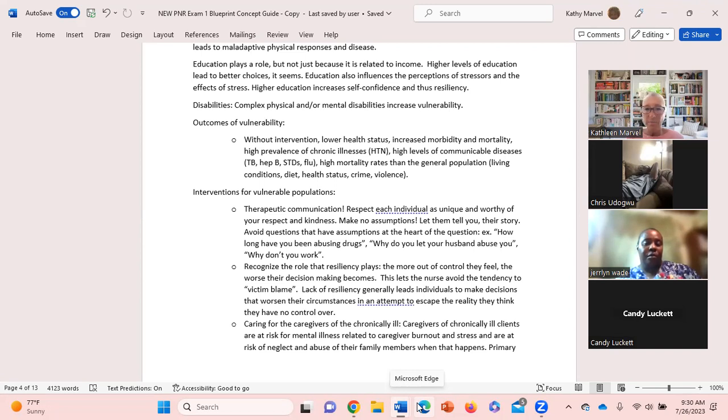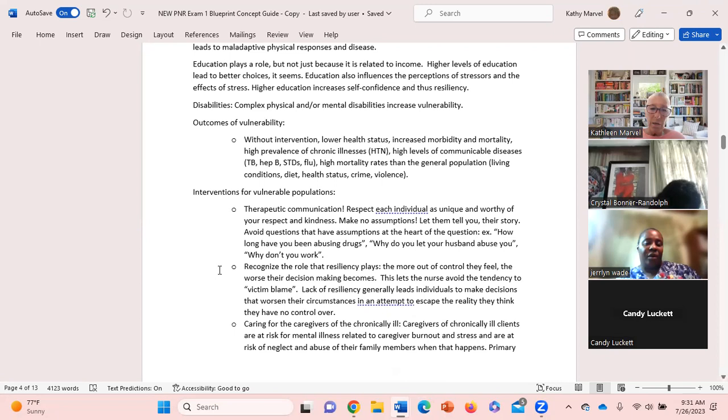Right? What else? Maybe increase in chronic diseases. Increase in violence. And think about it. Think about the vulnerable populations and how at risk they are for poor outcomes.